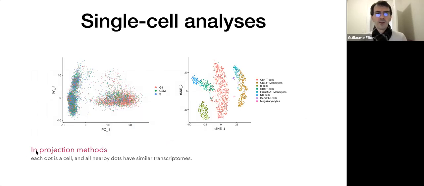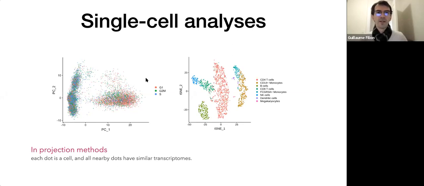And so you can use projection methods in which each dot is a cell and all nearby dots have similar transcriptomes. So at the end you get a very big table where one row is a cell and one column is a gene. You've got 20,000 genes, maybe 1 million cells in the experiment, if you pay a lot of money. It makes a very, very big table that says each cell has all these genes expressed at these levels. But what do you do with that?